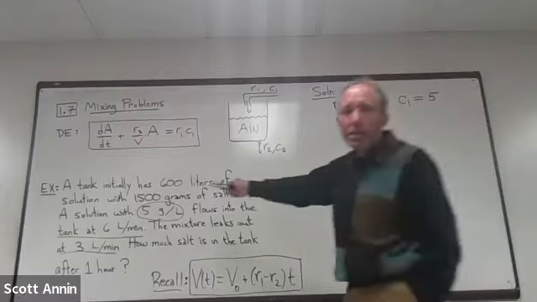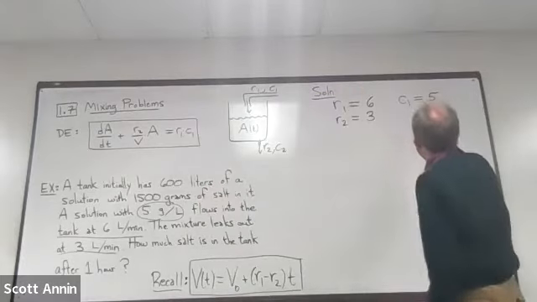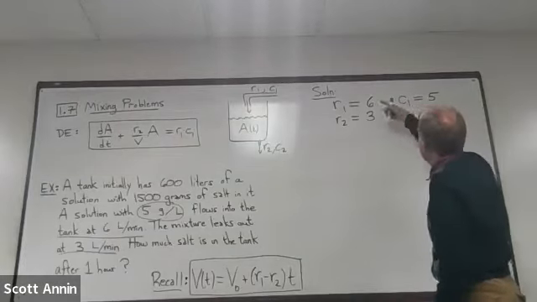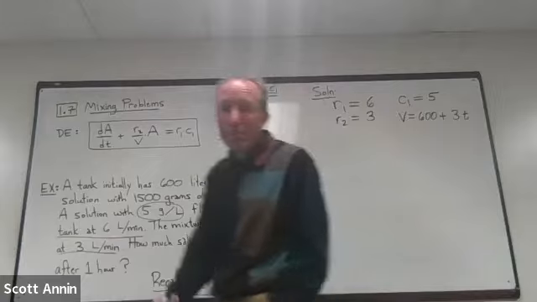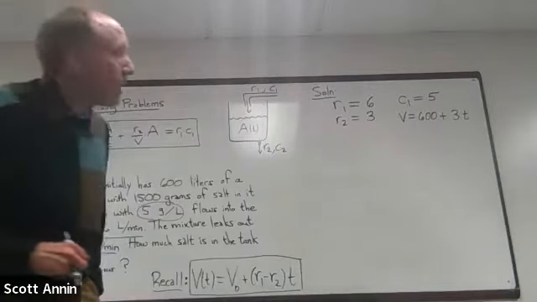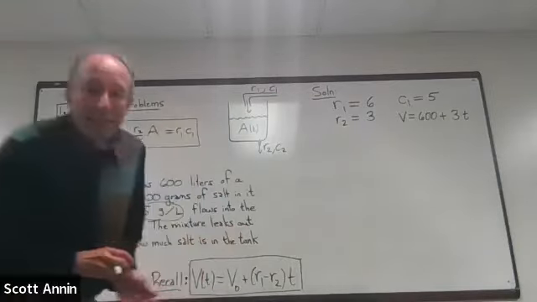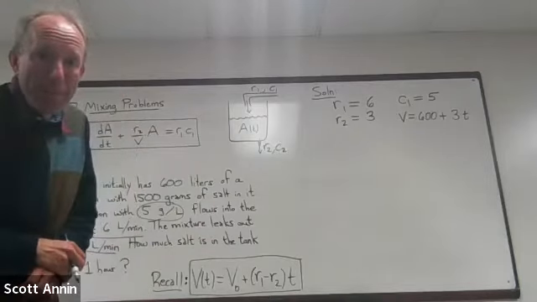But we can see the initial volume is 600. And so I can write down the volume here is 600 plus R1 minus R2, 6 minus 3 is 3, times T. And those are the key ingredients that we're going to need in order to write down our differential equation.